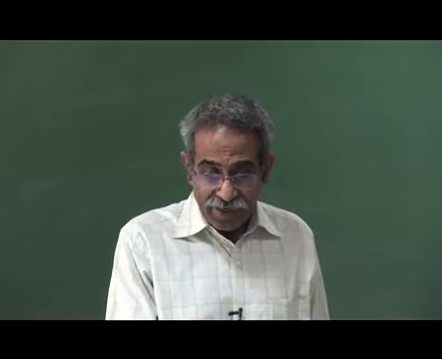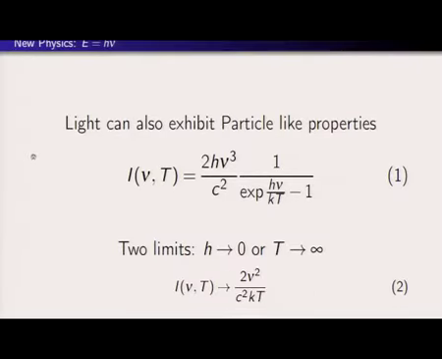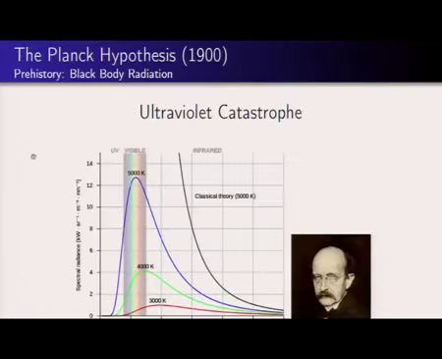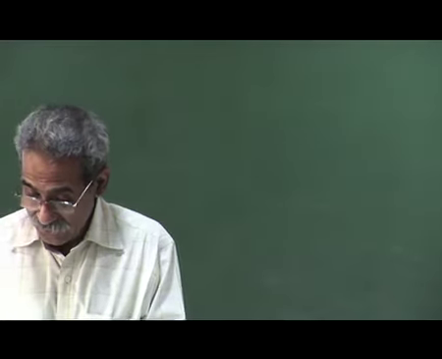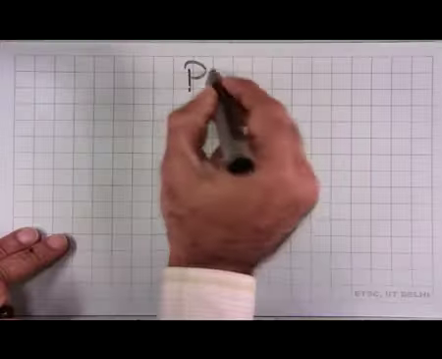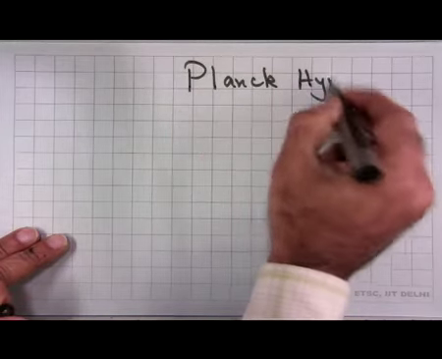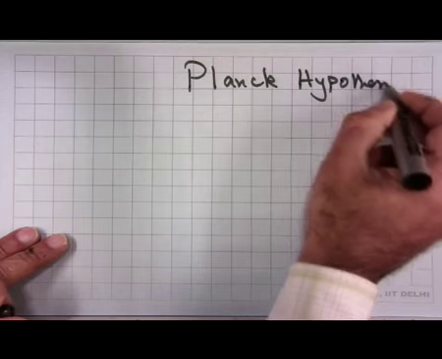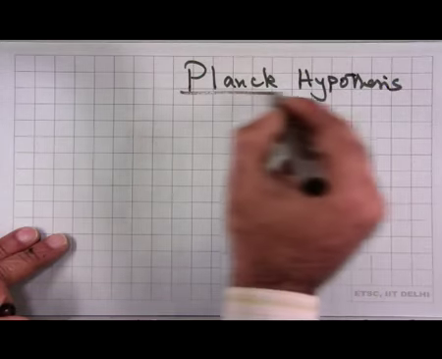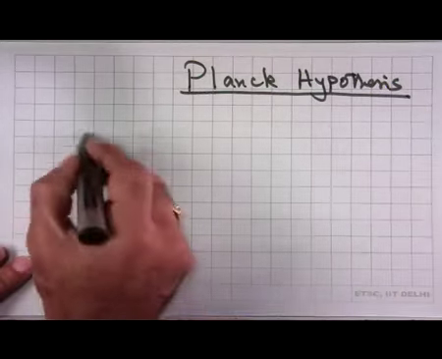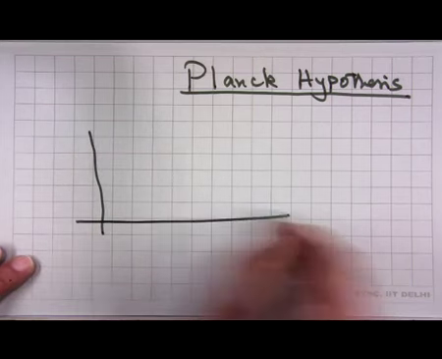So here is a little bit more explanation for that. Let me go back to this slide and explain that to you, what Planck did, because it is not beyond your reach. Planck hypothesis. So you have a curve like this.